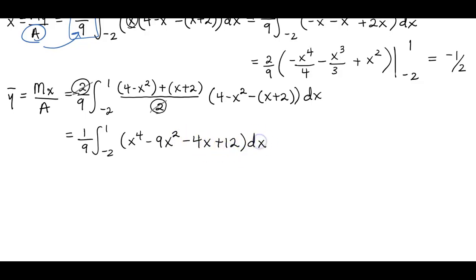Again, please do take the time to go through that algebra. All of this is just addition here, so you can just drop parentheses and combine like terms. You need to distribute this negative on the inside of these parentheses, and then these two factors need to be multiplied together. Now I will go ahead and integrate.